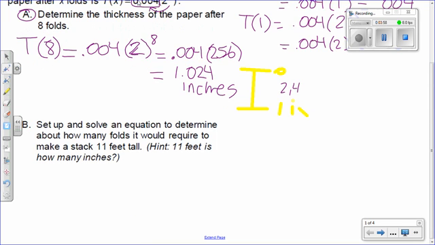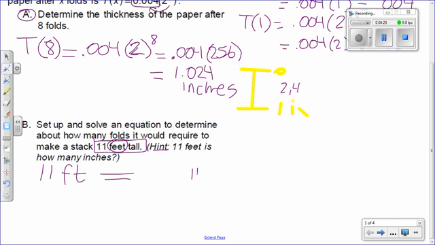Now, part B, it says here, set up and solve an equation to determine about how many folds it will require to make a stack 11 feet tall. Now, this is a little unrealistic to me, but maybe one day I will fold the paper that many times. So if you notice here, we started with inches, now we're talking about feet. So before we do anything, we need to convert 11 feet to inches.